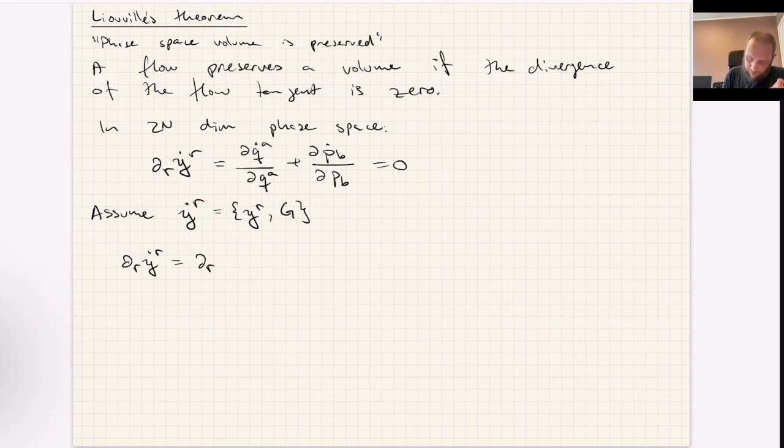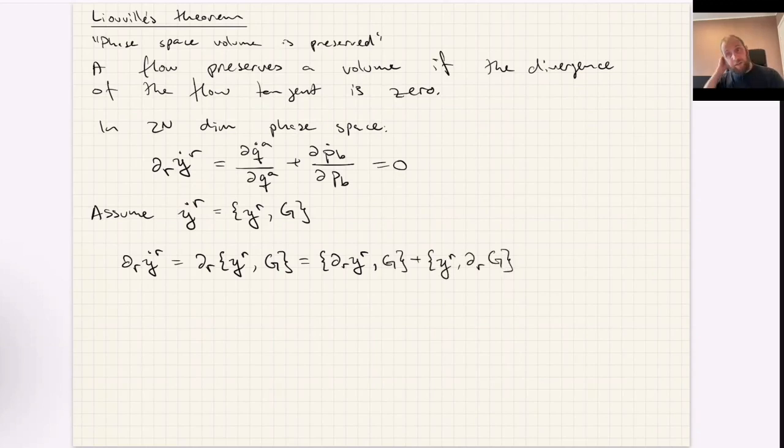So I get d_r of y_r with g. But now, assuming that derivatives commute and so on, I can just use the product rule here for the derivatives. I get two terms. I get d_r y_r with the commutator with g, plus I get another term where I have the y_r and I act with the derivative on the function g itself.